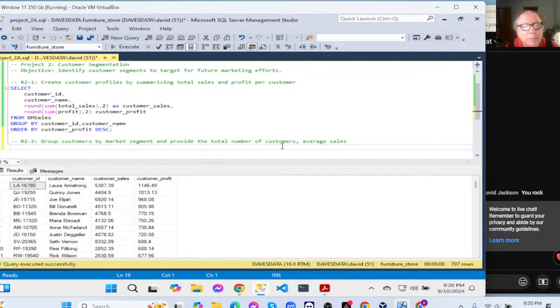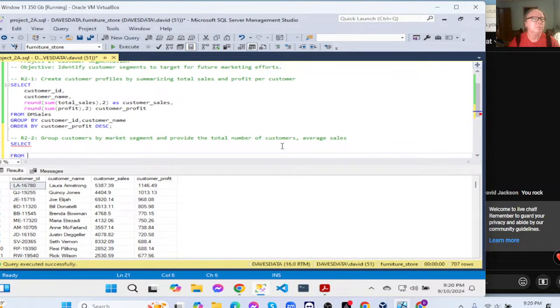What's number 2? Group customers by market segment and provide a total number of customers.